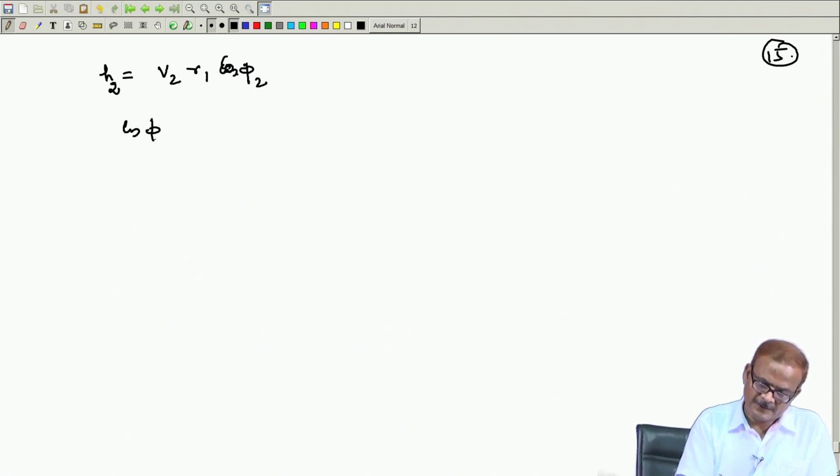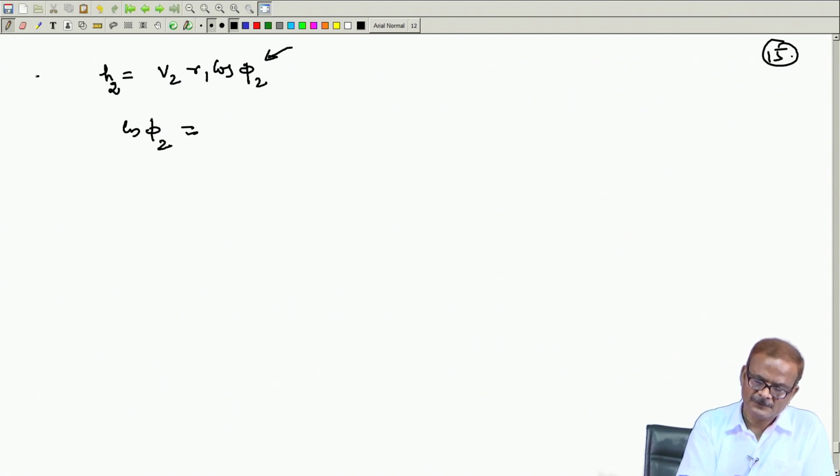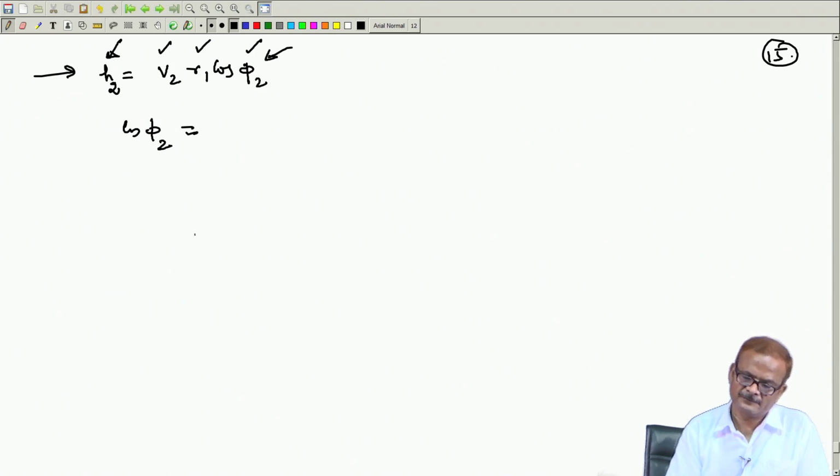Therefore, for cos phi 2 we use the same equation as earlier, only the variables change, H 2 instead of H. So, at the new position, this is r cross v, the specific angular momentum, and this is the v 2, the velocity at the position r 1, this is r 1 itself, and this is the corresponding flight path angle.